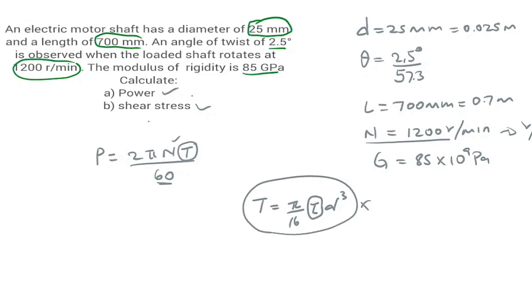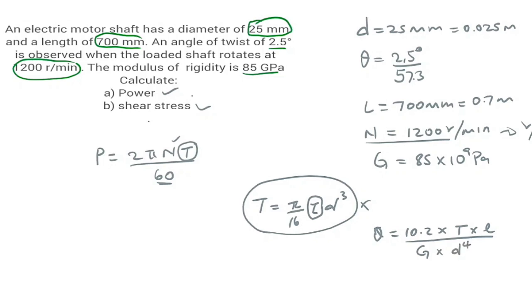Then let us try the angle of twist formula. The angle of twist is equal to 10.2 times the torque that we are looking for times the length, all divided by the modulus of rigidity times the diameter to the power 4.